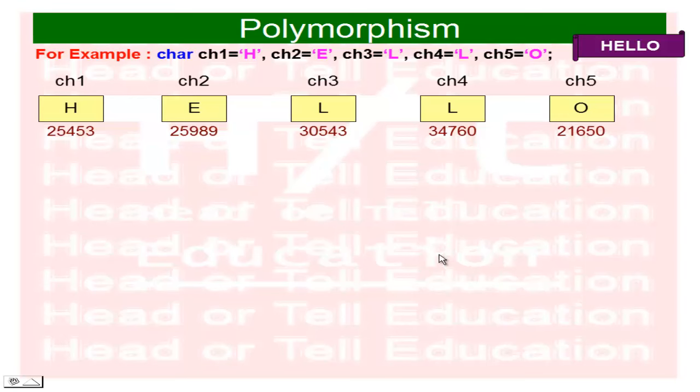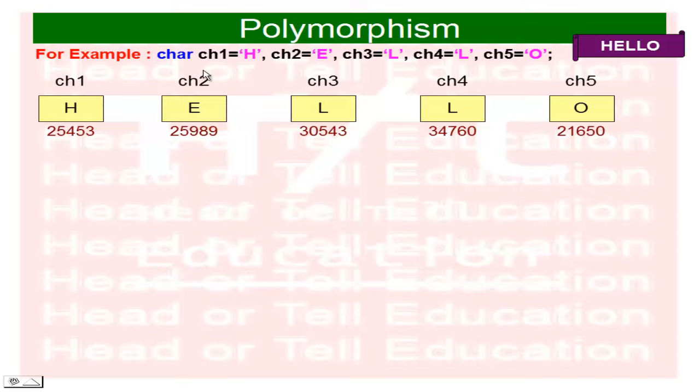First, suppose I want to store the string "hello" in variables. I can create variables, because we have only a 5 character string.